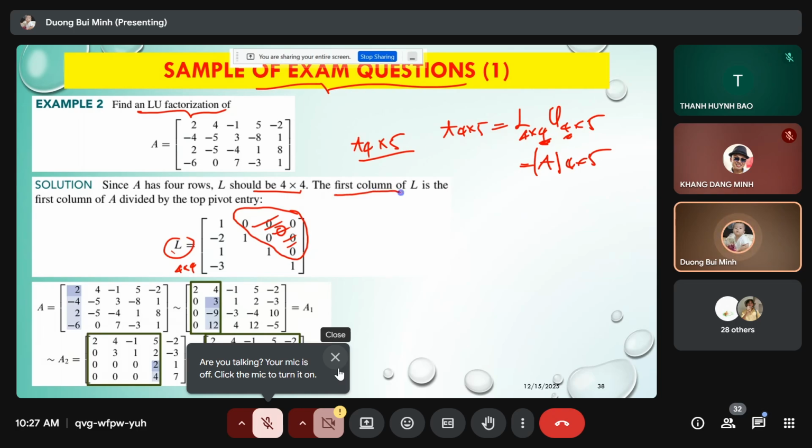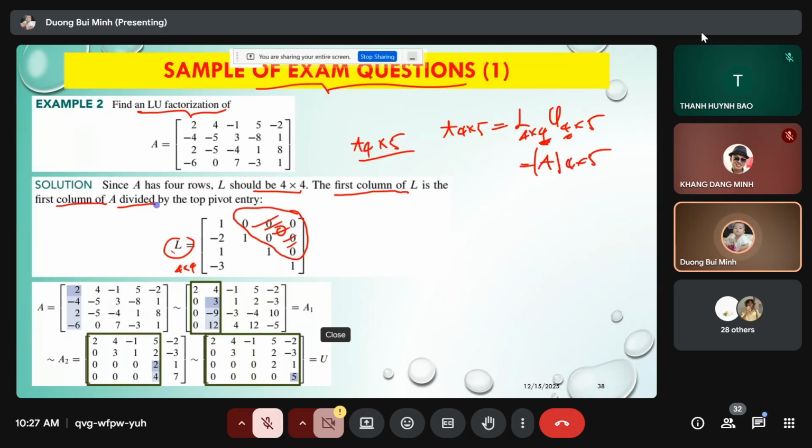The first column of L is the first column of A divided by the top pivot entry. The first column of A has entries, and the top pivot entry is 2.